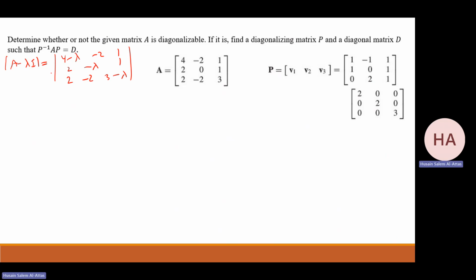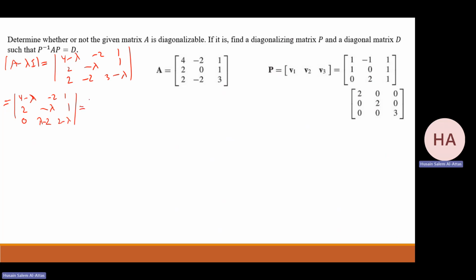I can multiply the second row by minus 1 and add it to the third row. That maybe will make my calculation a little bit easier. That will be 2, minus lambda, 1. Multiply minus 2 by minus 1 and add, that will be 0. Then lambda minus 2, then 2 minus lambda.